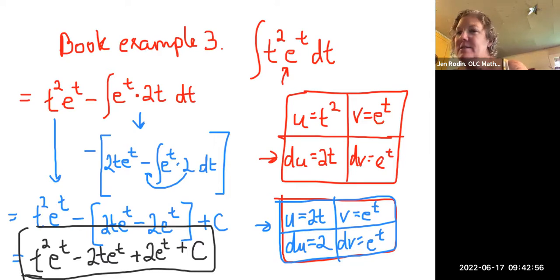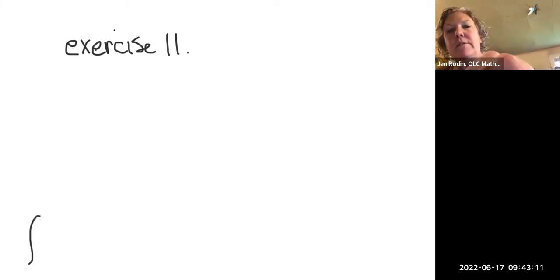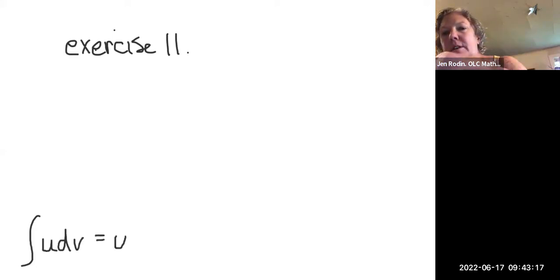Okay, here's one of my other faves. This is the book exercise 11. So we're not doing anything other than this today. Well, I was going to review the arc lengths and L'Hopital's rule for later, but you already saw that yesterday, Trey.